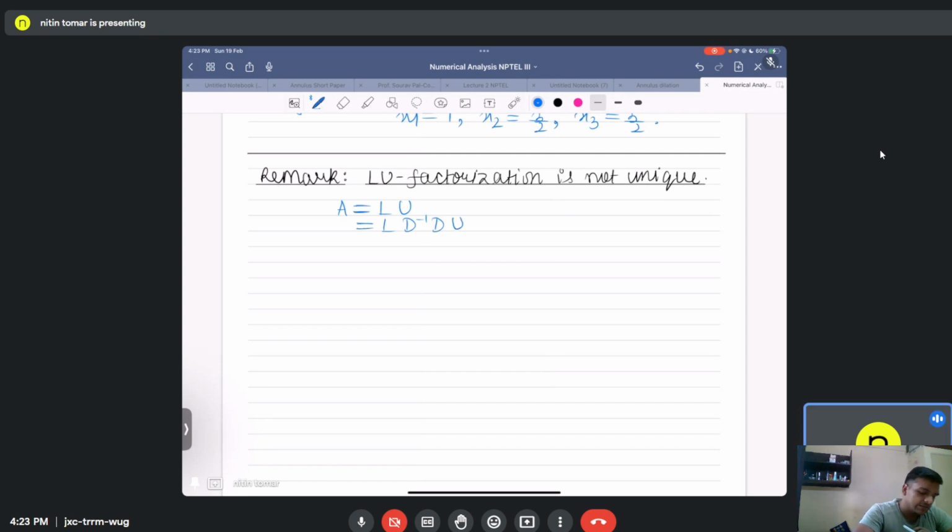No. For example, you can choose your D to be the diagonal matrix D1, D2, up to Dn, each of them non-zero.